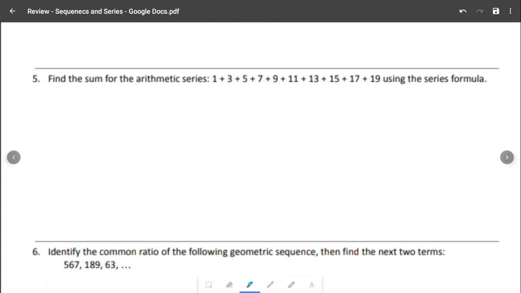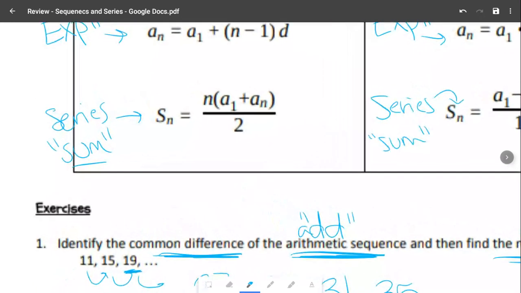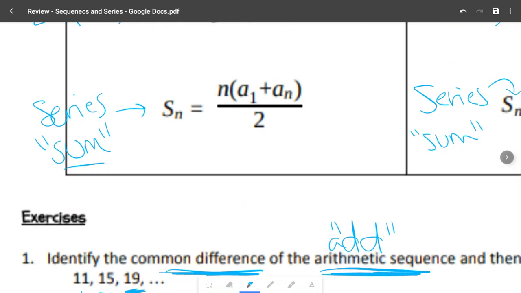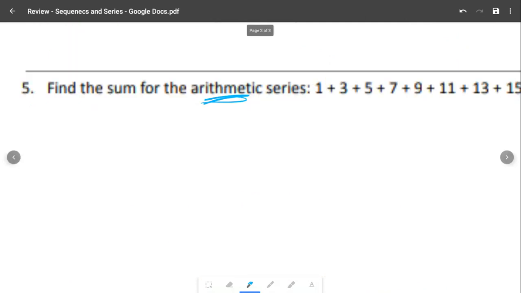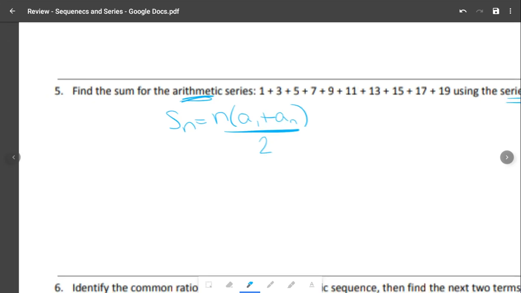Question 5. Find the sum for the arithmetic series using the series formula. So they're saying it's arithmetic. They're saying it's a series, a sum, so we're using that second formula. So we have Sn equals n times A1 plus An, all divided by 2.